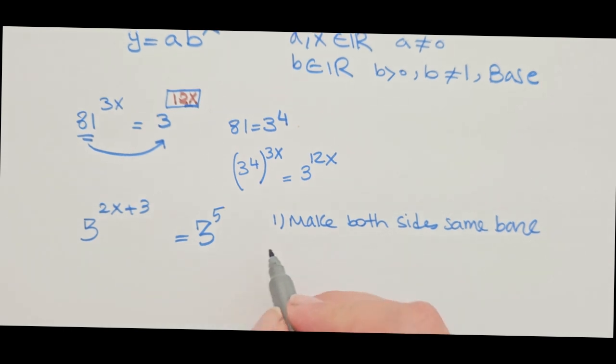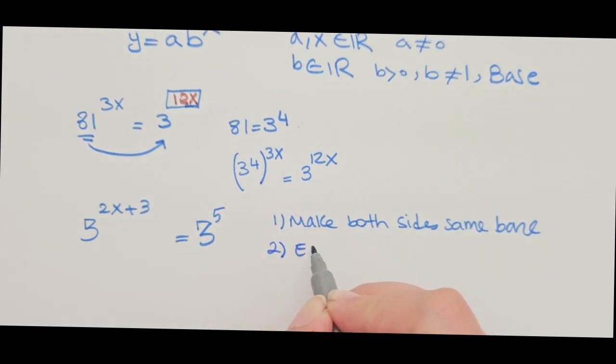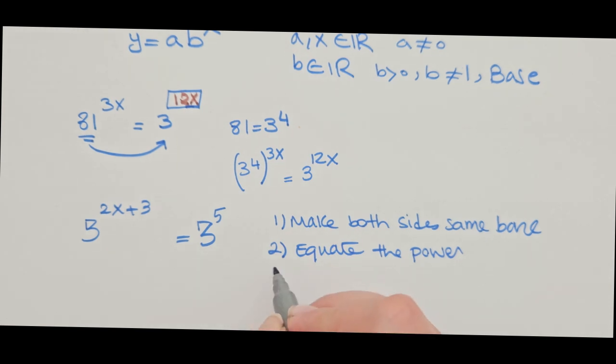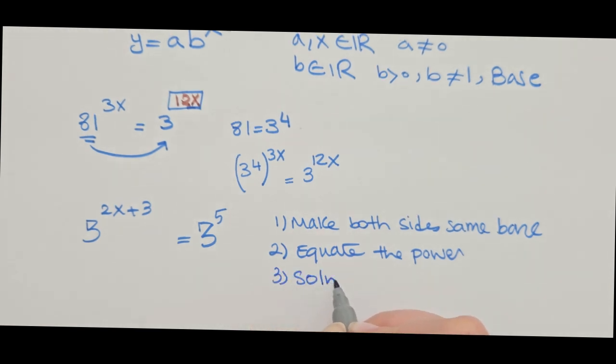Then step 2 is to equate the powers. And step 3 is to solve for x. When you do step 2, you can get a linear, quadratic, or any other equation. And in step 3, you just have to solve the equation.